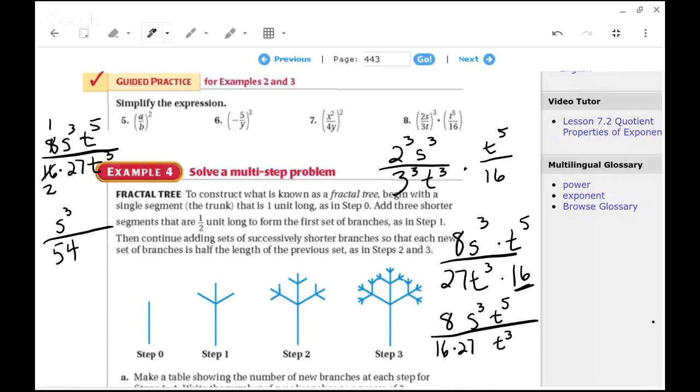I have t to the 5th and t to the 3rd, so I want to combine those to make one term. So I'm going to do 5 minus 3, so that's t squared. And this is my final answer.